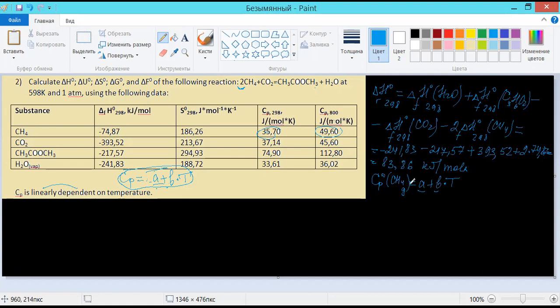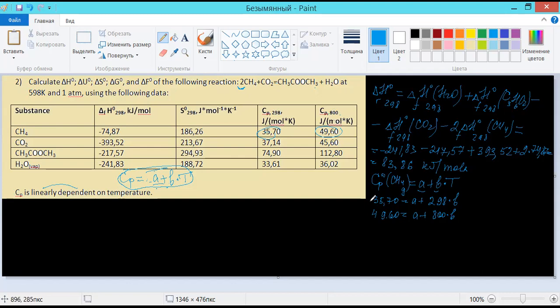For temperature 298, we can write that the capacity 35.70 equals A plus 298 times B. Also, we can write that the capacity 49.60 equals A plus 800 times B, because this value corresponds to temperature 800 kelvins.